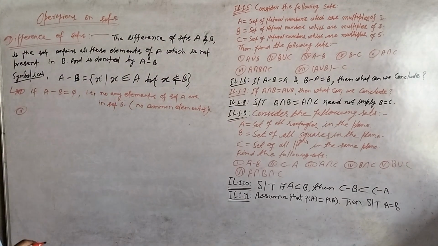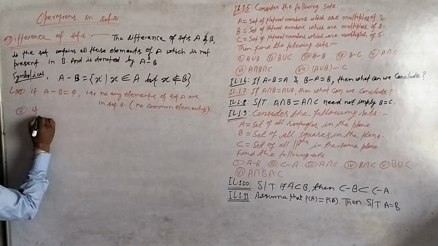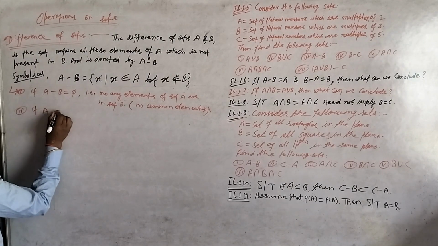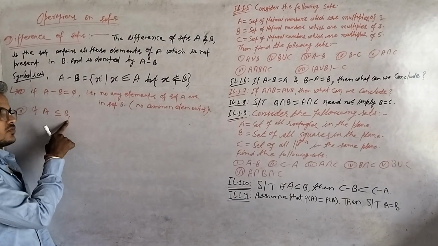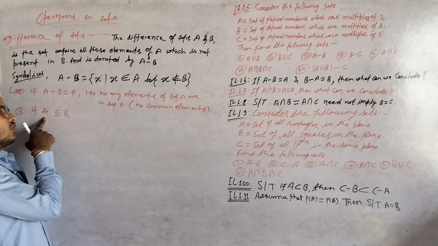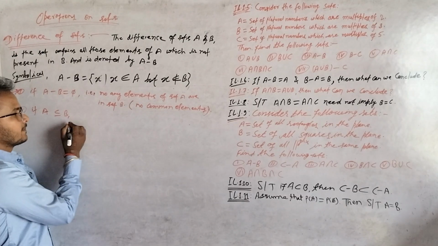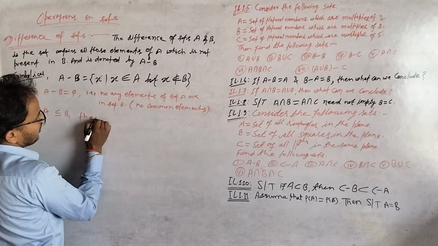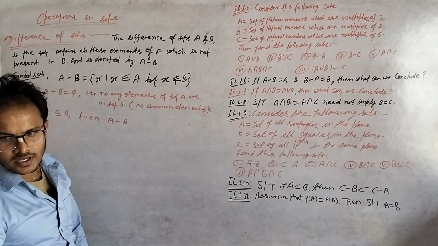Second property is given: if A is a subset of B, this means all the elements of set A are contained in set B. Then what is the value of A minus B?